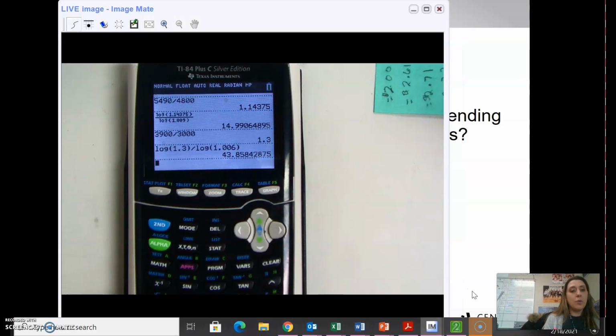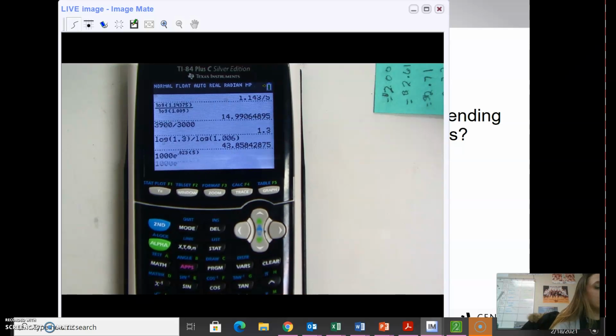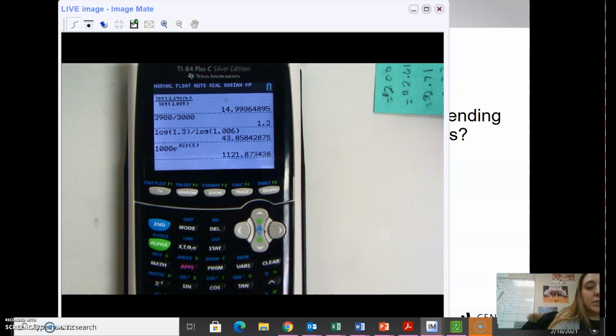Okay, so we have 1,000 times, second, my division sign will give me E. I'm going to use my caret, which is right here, and then I'm going to put 0.023 times 5. And I am going to get $1,121.87.